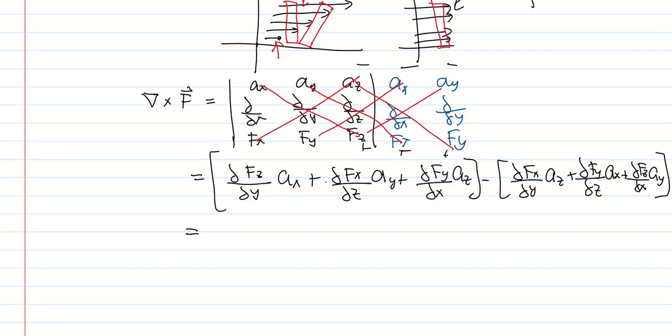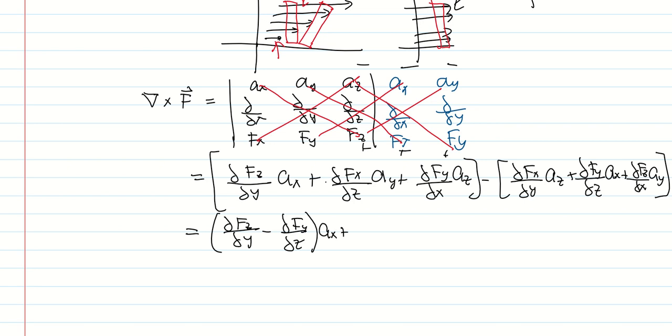Then if we subtract the components, for the a_x component we have the partial derivative of f_z with respect to y minus the partial derivative of f_y with respect to z, in the x direction.